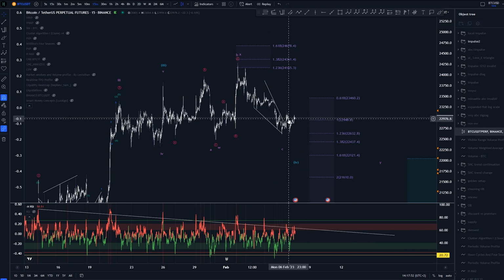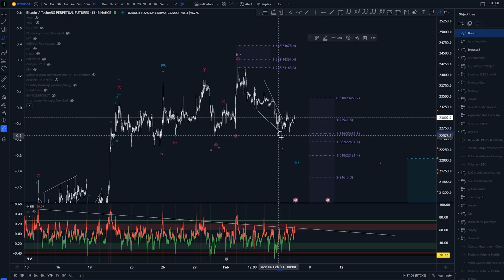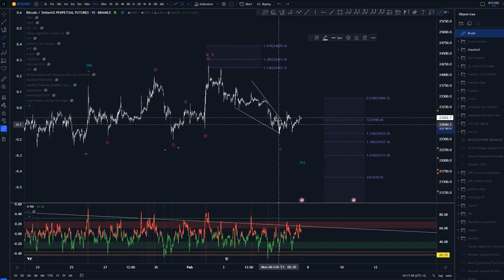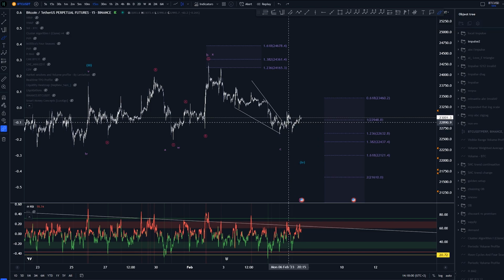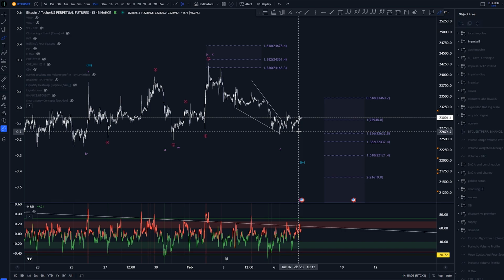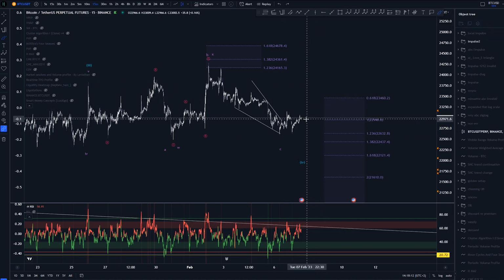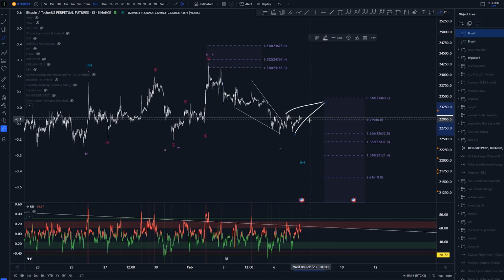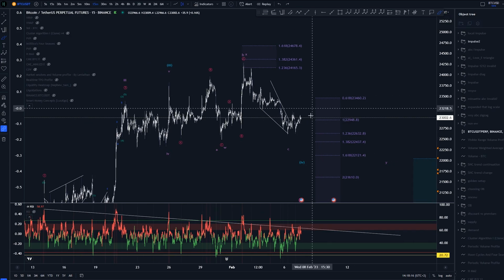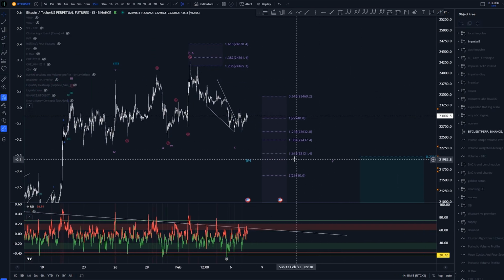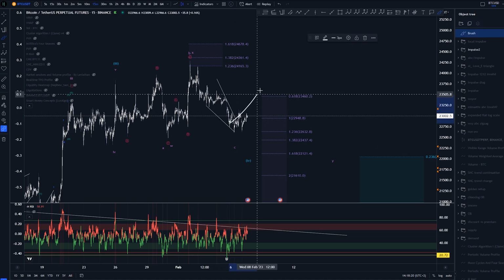At the moment, I'm not going to be looking for longs. I had a long setup from here, however, as this turned into a 3-wave move, I set my stop loss and that was hit. So now I'm out of that long setup already. Of course, this could be turning into something like a diagonal in here, which would be a good looking structure for upside, either being part of the 5th wave or wave 1 of that 5th.